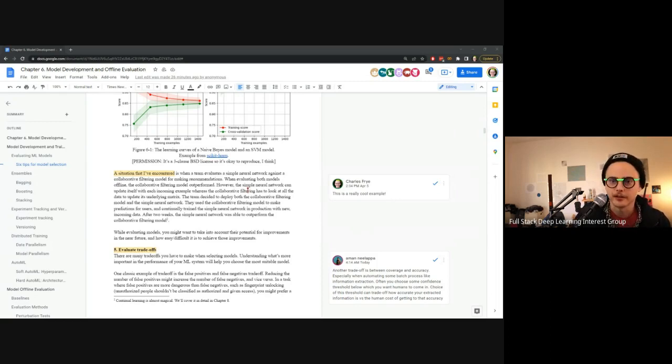So it's a very different style of model development than what you see in an academic context, where you just have a fixed data set, a benchmark that you develop towards.